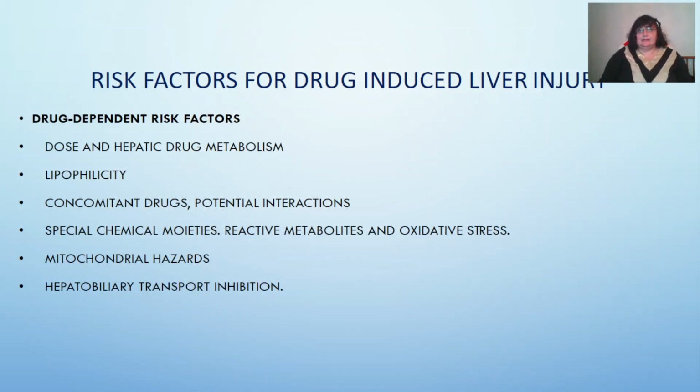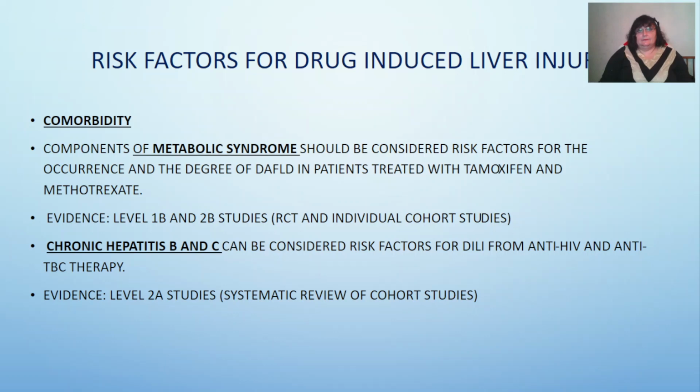Risk factors for drug-induced liver injury. Drug-dependent risk factors include dose and hepatic drug metabolism, lipophilicity, concomitant drugs and potential interactions, special chemical moieties, reactive metabolites and oxidative stress, mitochondrial hazards, and hepatobiliary transport inhibition. Comorbidity.